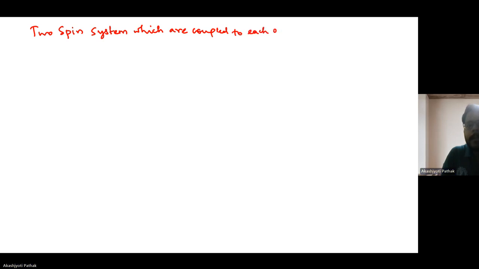So say we are looking into a two spin system which are coupled to each other by dipolar interactions.